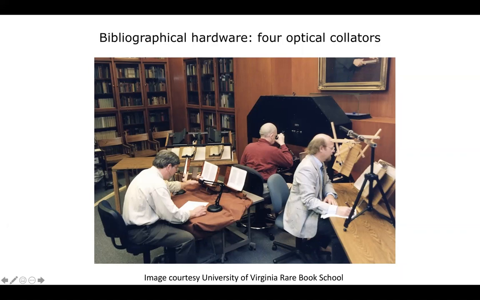The other devices are the McLeod collator, the Halcyon Comet, which is the only one of these four I've used, and the Lindstrand comparator, which all use stereoscopy. They all permit the collator, the viewer, to view two copies of a book or a reproduction of a book at once, and independently, so one book per eye, one page per eye.